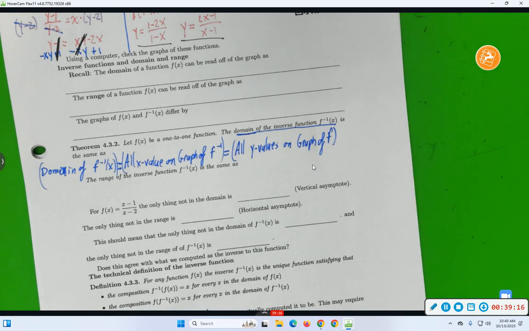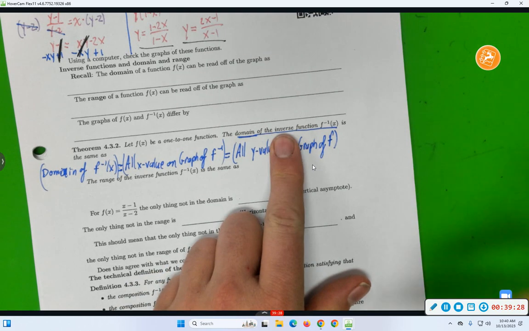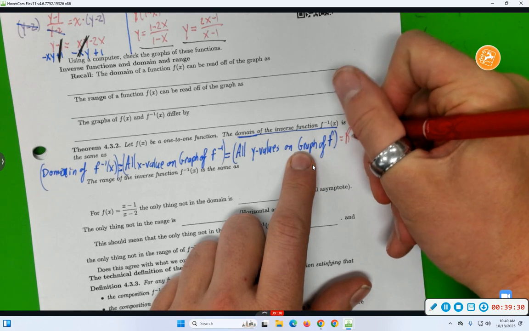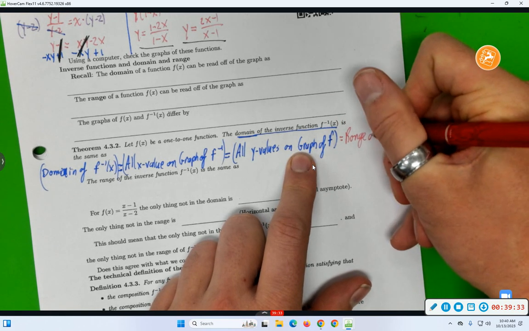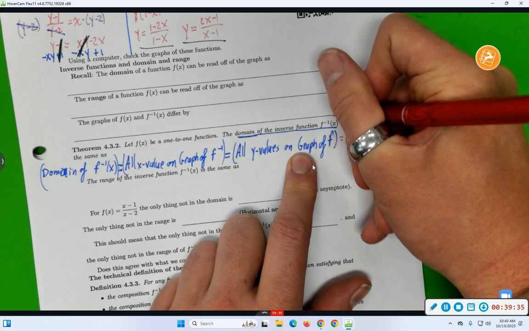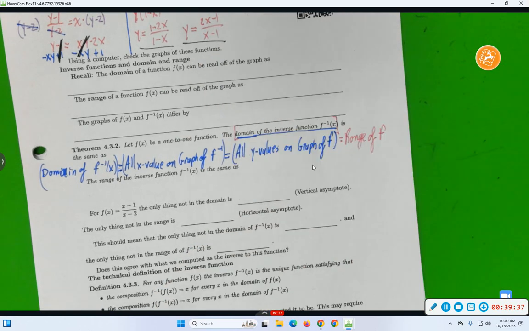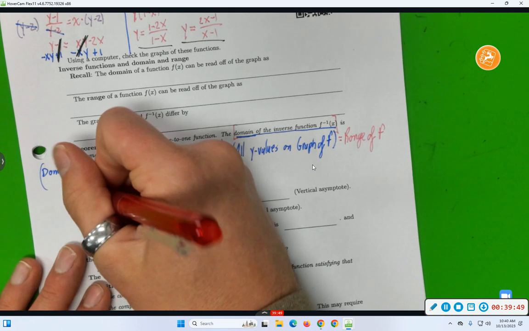Do you agree with that? Ooh, but what's the magic word that tells you all of the y values on the graph of the function? The range. So here's the whole point of this line: the domain of an inverse function is the same as the range of the original function. Could I swap the domains and ranges there? What's the range of the inverse function? Domain of the original.